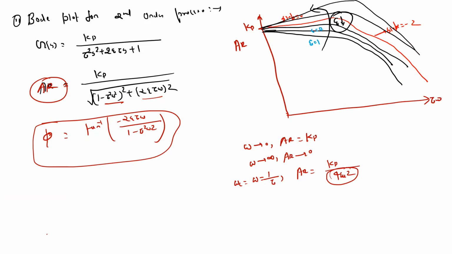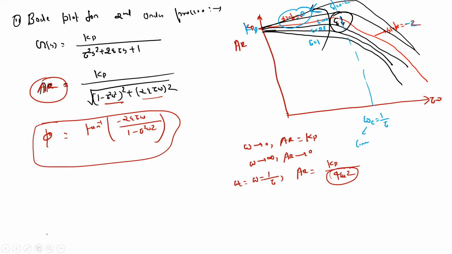Here zeta will be equal to 0.8. Zeta will be equal to 0.6. Zeta will be equal to 0.2. Like that. If I go from this side to this side, zeta will be decreasing. And after this particular point, omega c is equal to 1 by tau. That is called the corner frequency. Your slope will be minus 2 and here the slope will be equal to 0. That is the thing that you need to remember.